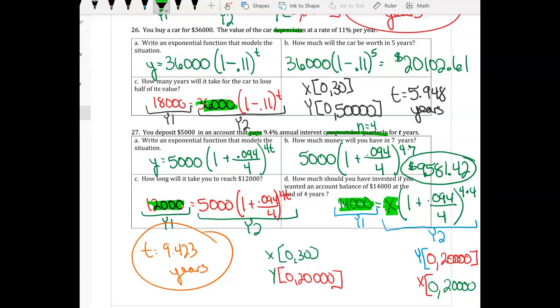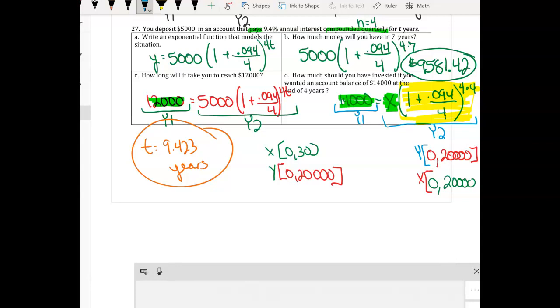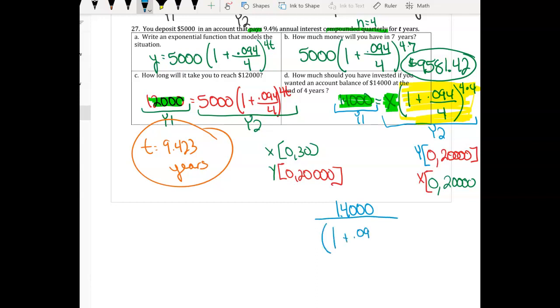The other option you have is to actually just solve for X and realize that all of this is just a number. And so to get X by itself, I could divide by everything that's in that yellow highlighted area. And on my calculator, I would just type this in: 14,000 divided by all of this.